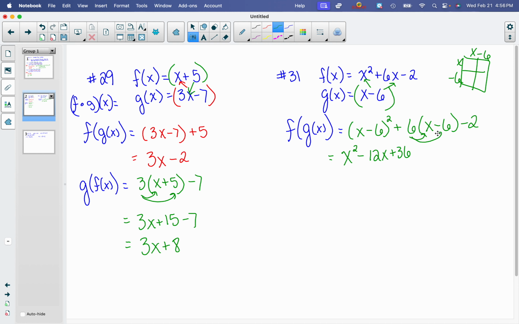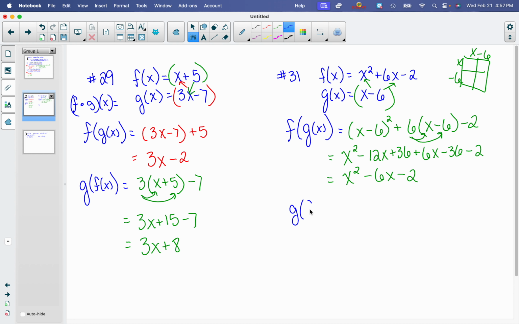Distribute the 6 right here, and you get 6x minus 36 and a minus 2. And then you combine like terms. So I only have 1x squared. Minus 12x plus 6x is minus 6x. And a plus 36 minus 36, those are gone, minus 2. And that's my answer. One of them.